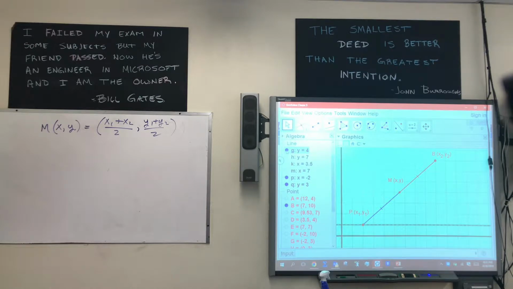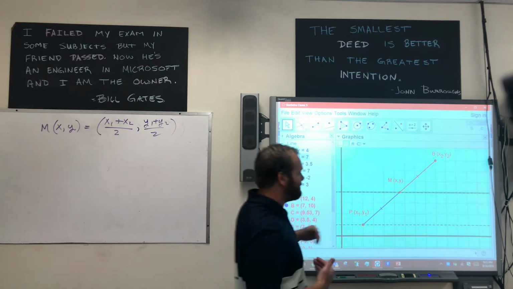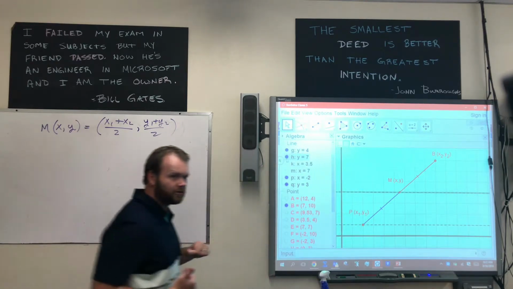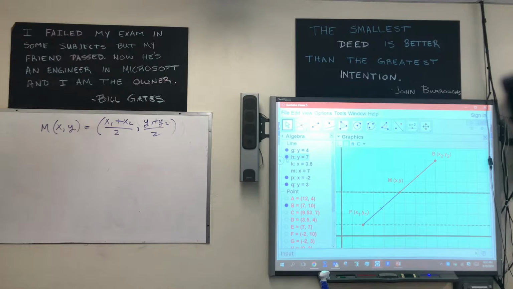So, I'm going to draw that line that goes through M. So those two dotted lines right now are parallel. Everybody agree with that? If those two lines are parallel, then that segment PB, you guys remember the vocabulary word we use for that line in regards to the parallel lines? Start with a T. That's transversal.